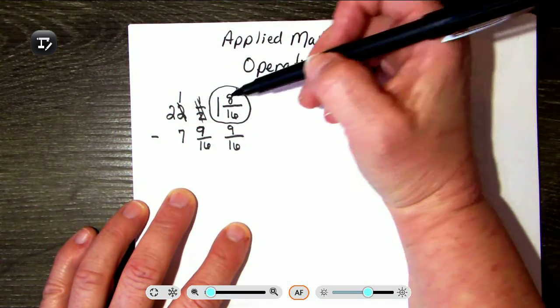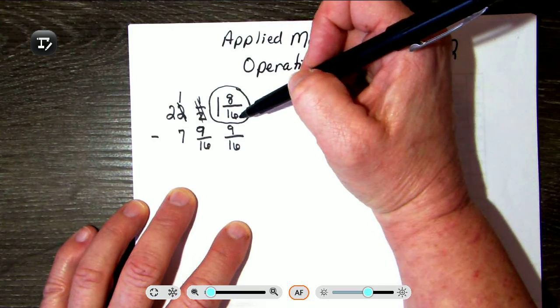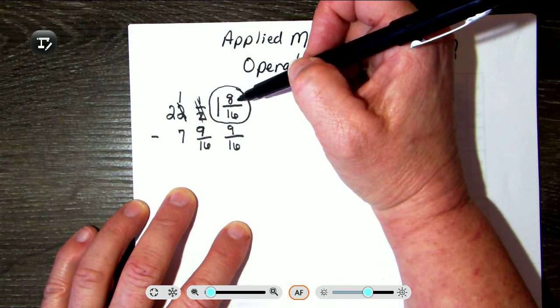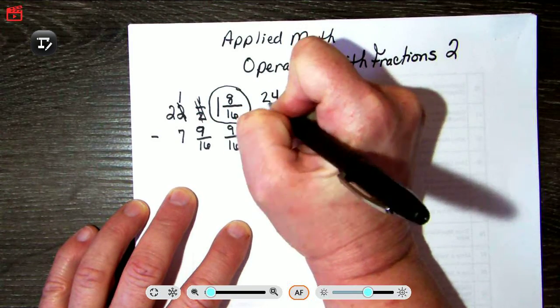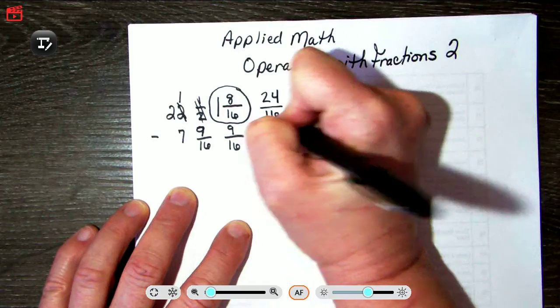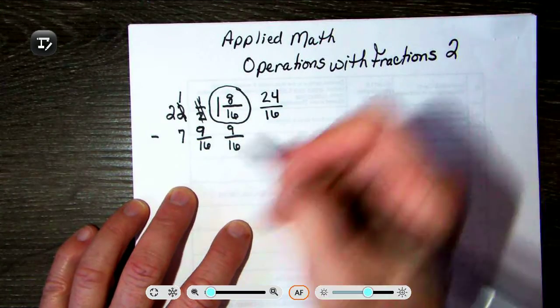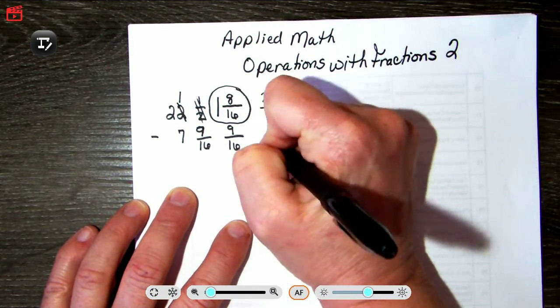So we take the 1 times the 16, that gives me 16. We add the 8. 16 plus 8 is 24. And we get 24/16 minus my 9/16.